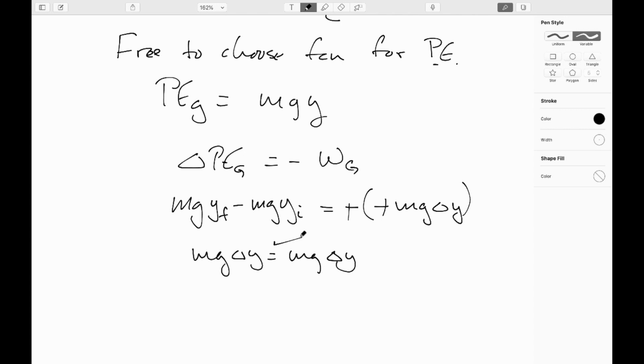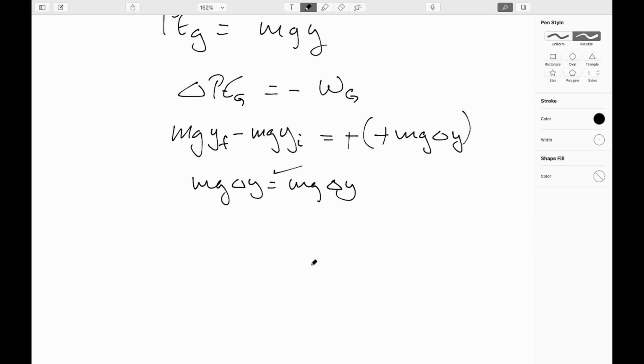Are there other choices? Absolutely. We could choose, for instance, not that anyone would actually do this, so don't make this choice for technical reasons, but it's valid.